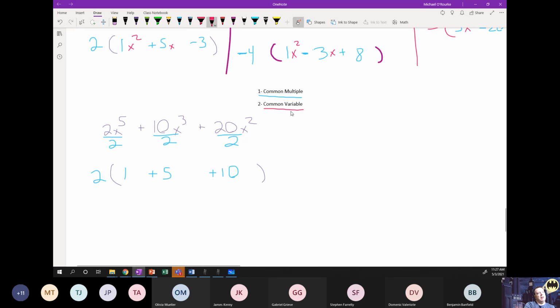All right. Next one is a common variable. Do we have a common variable between all these three? Is there a common variable between all those three? Oh, Haley, you're a rock star. So Dominic, you are right.